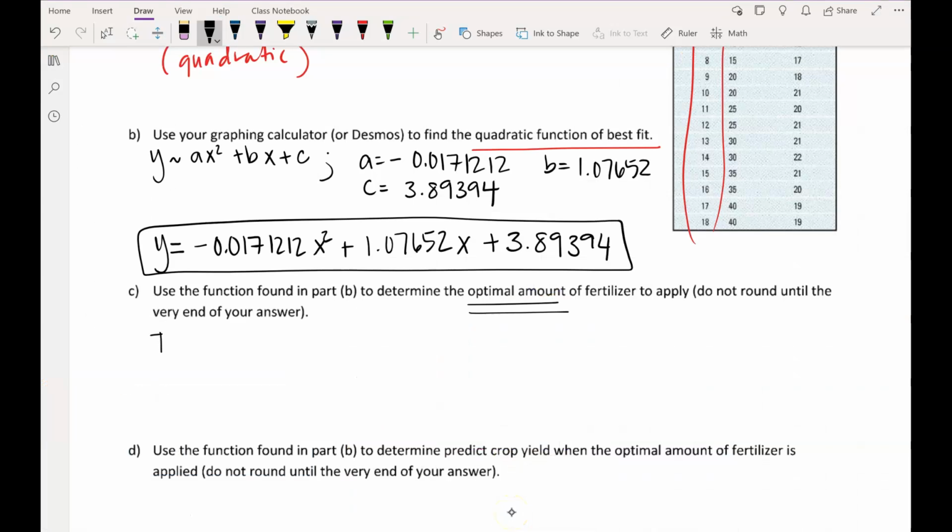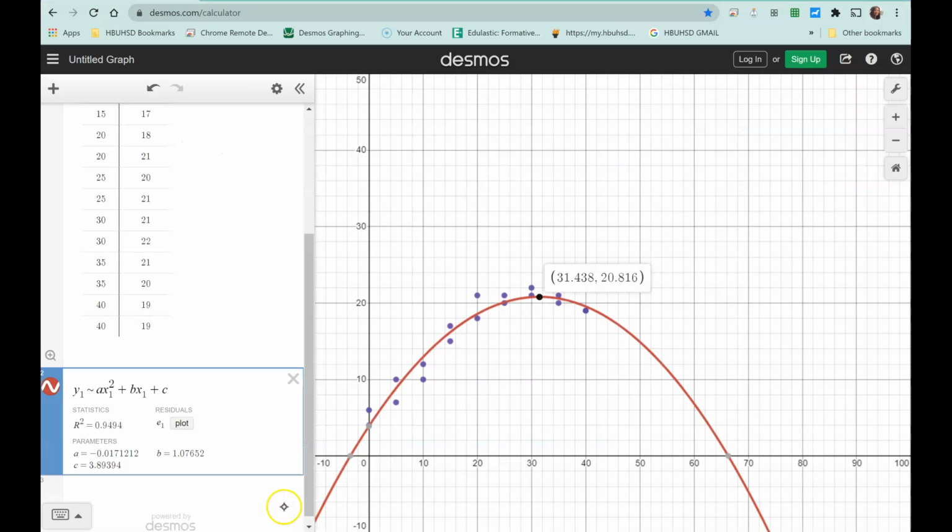Okay, the optimal amount of fertilizer to apply. So now are you going to use the x value or the y value? Hopefully you said x, right? And let's look at the x one more time to see. X is 31.438. Now, as you know already, this is the amount in pounds, right?